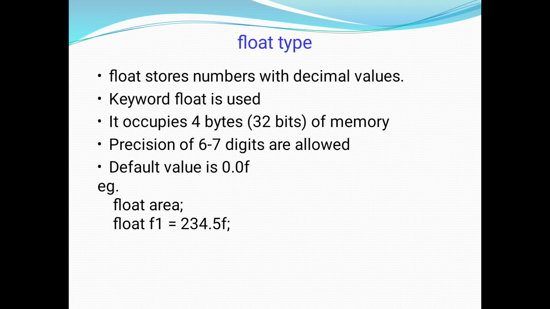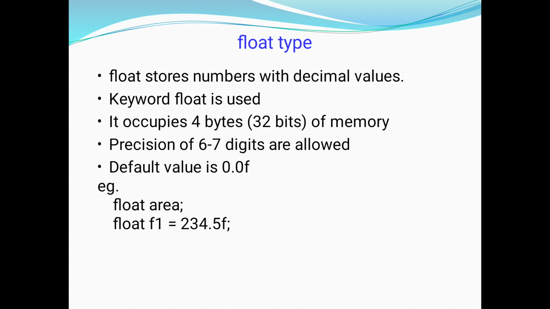First, we can see about float type. Float stores numbers with decimal values. The keyword float is used to declare a variable as a float data type. It occupies 4 bytes, that is 32 bits of memory. Precision of 6 to 7 digits is allowed. That is, precision means the number of digits after the decimal point.